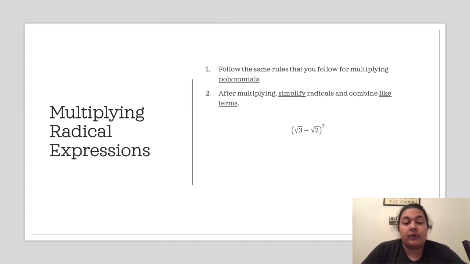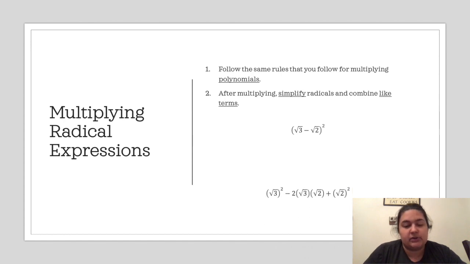I have the square root of 3 minus the square root of 2, quantity squared. So that whole thing is being squared, and it looks a lot like something we did in our last chapter, or maybe it was a chapter before. Whenever it was, it was one of the special products where we square the first term, then it's going to be minus 2 times first term times second term, then plus the second term squared.